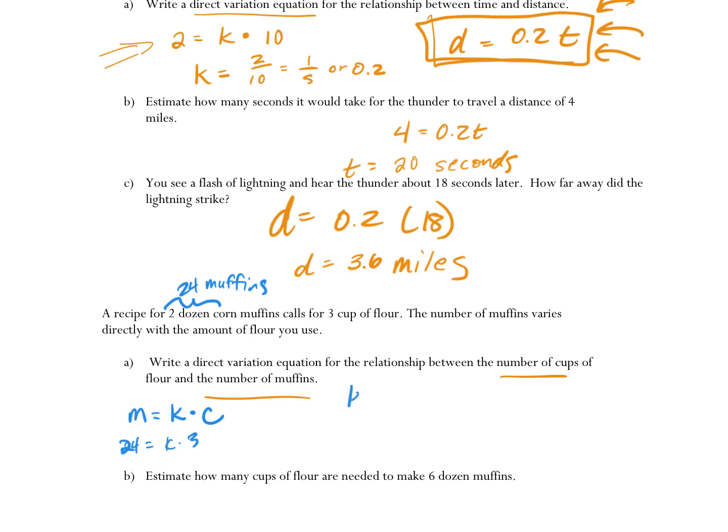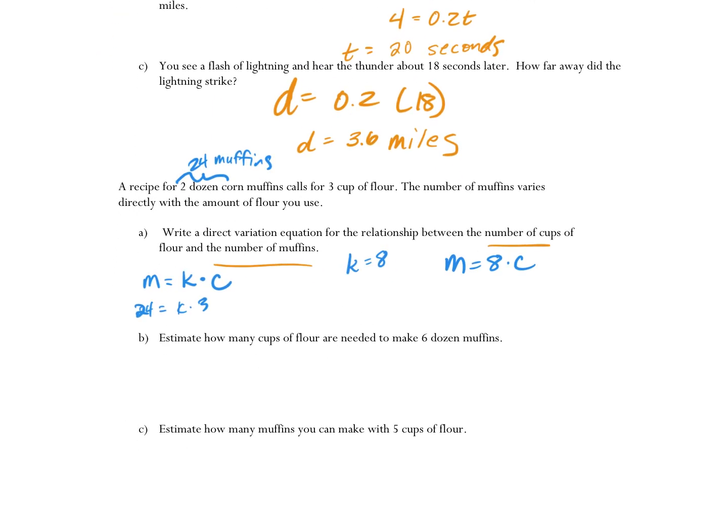What does that make k? All right. So my equation to model all of this is that my number of muffins is equal to 8 times my number of cups of flour. And once we find that equation, it's like my permanent equation that I can work from for this context.